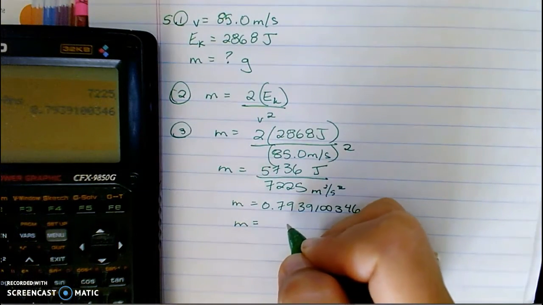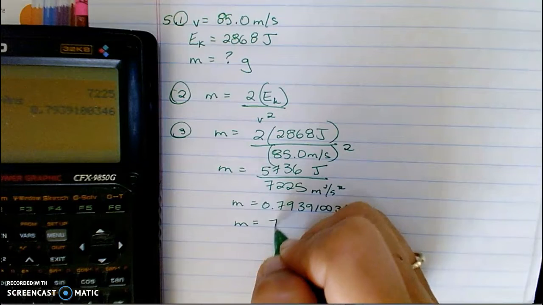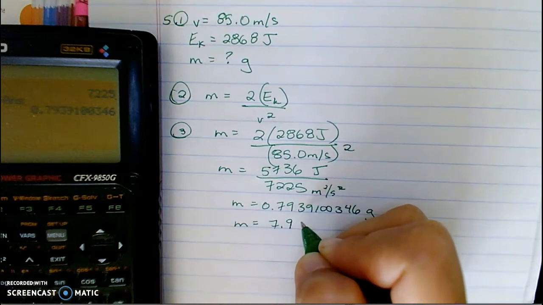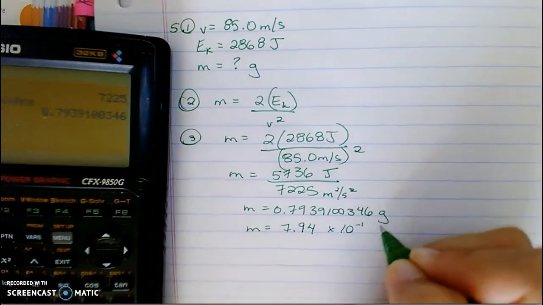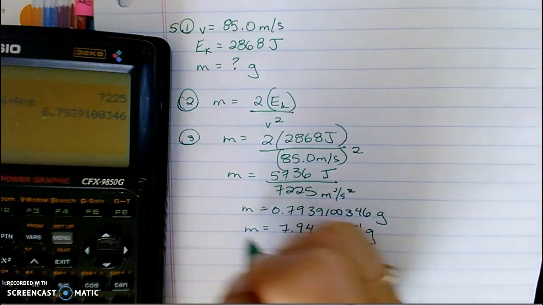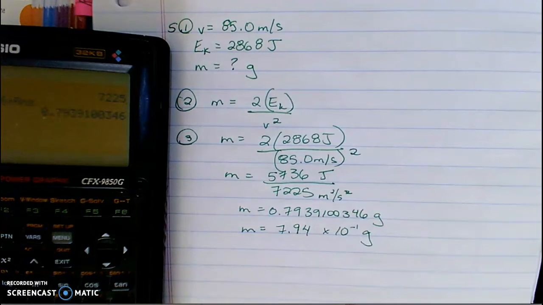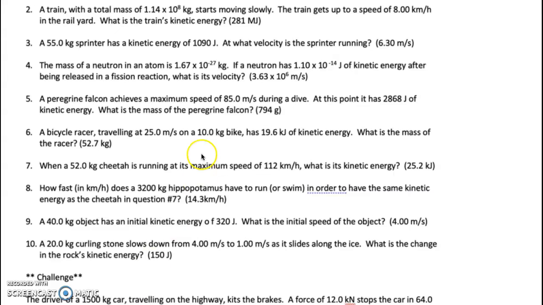So let's do 3 significant digits, and just for fun, let's do some scientific notation for practice. Okay, and let's check if that's what the answer was here. 794 grams. A slightly different answer. Right, times 10 to the negative 1.